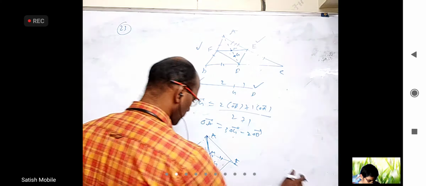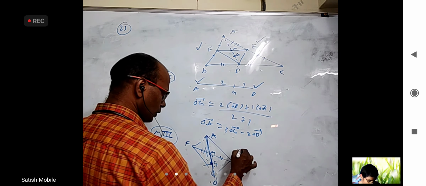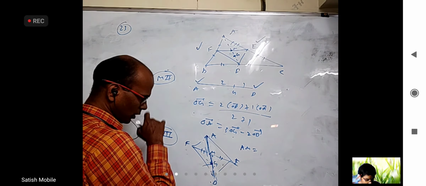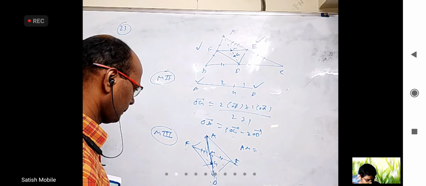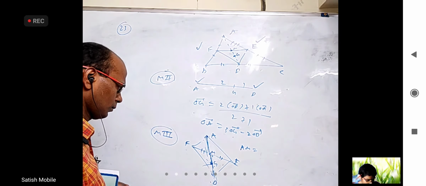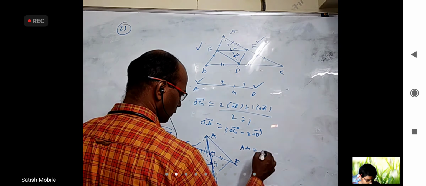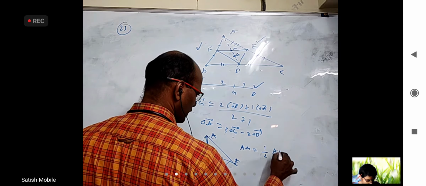So should I explain this? AM is to MG I want. AM is half of AD.